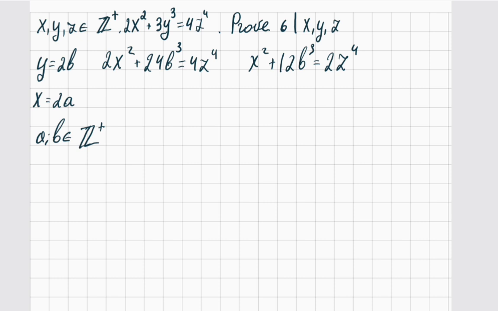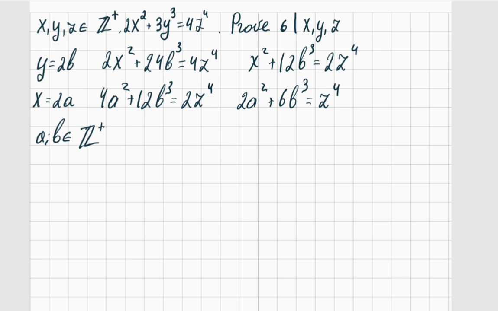Okay, let's continue. So we will get this equation: 4 times a squared plus 12 times b cubed is equal to 2 times z to the power 4, and again we divide each side by 2 and we will get 2a squared plus 6b cubed is equal to z to the power 4.